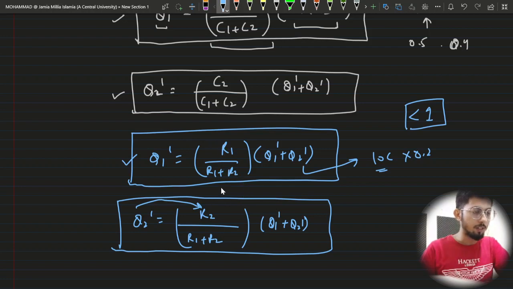Whichever is greater will take the larger portion. If R1 is greater, it will take the larger fraction. Let's assume R1 is 10 and R2 is 2, so the sum is 12. In the case of Q1 dash, R1 will take the larger value and the fraction will be closer to 1, like 0.9 or 0.8. So Q1 dash will take the larger part.